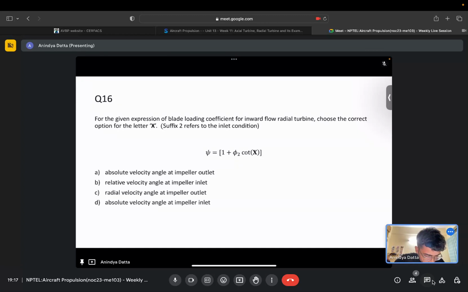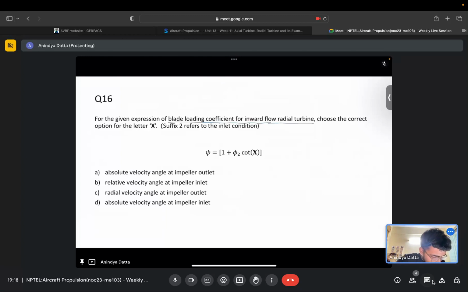Okay, so this question 16: for the given expression for blade loading coefficient for inward flow radial turbine, choose the correct option for letter X. So what is asked is the blade loading coefficient.